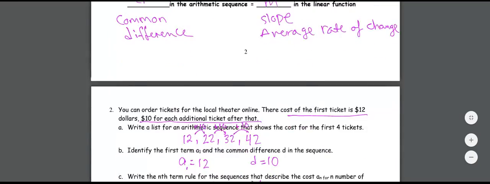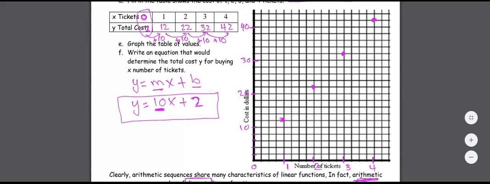But if you look at the second example, we have the number of tickets and we have the cost for these tickets. And if you look at the variable, which is the number of tickets, this is not a continuous variable. We jump from 1 ticket to 2 tickets. We don't have half a ticket or 1/4 of a ticket.